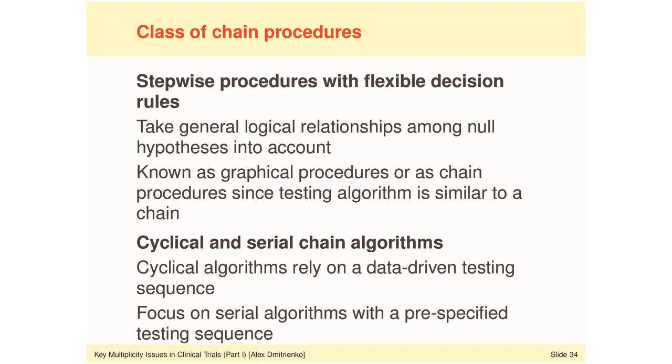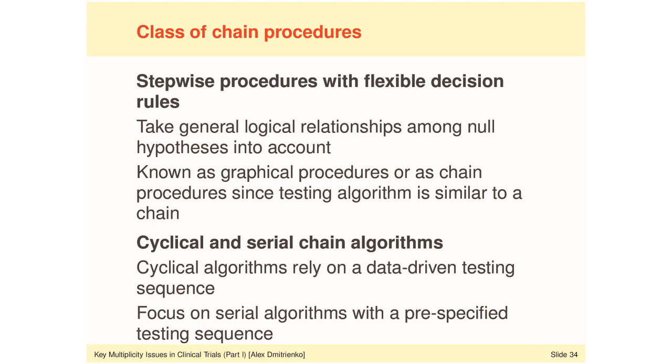And now it turns out that we can consider yet another extension, a superset of fallback procedures. We can extend the class of fallback procedures and define a more general class that takes general or arbitrary logical relationships among the null hypotheses of interest into account. This approach enables clinical trial sponsors to build very flexible testing strategies.